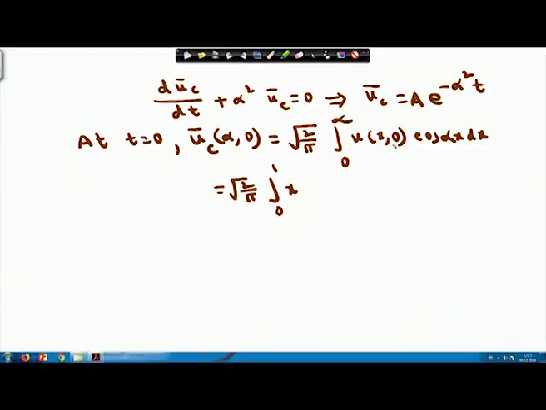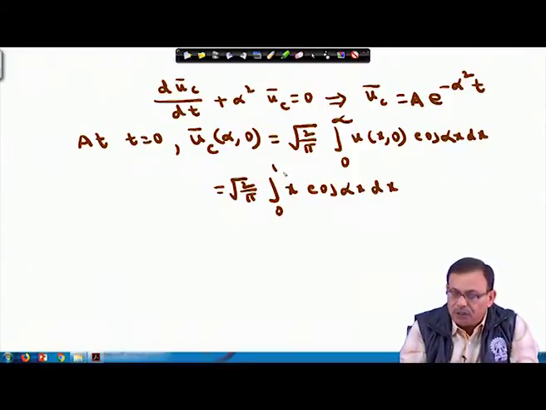So, u(x, 0) is x, given from 0 to 1. So, it is integral of x cos of alpha x dx. So, u bar c is nothing but the Fourier cosine transform of the function u(x, 0). For that reason, we have written root over 2 by pi integral 0 to infinity u(x, 0) cos of alpha x dx as u bar c(alpha, 0). Now, u(x, 0) is x in 0 to 1 and otherwise it is 0.